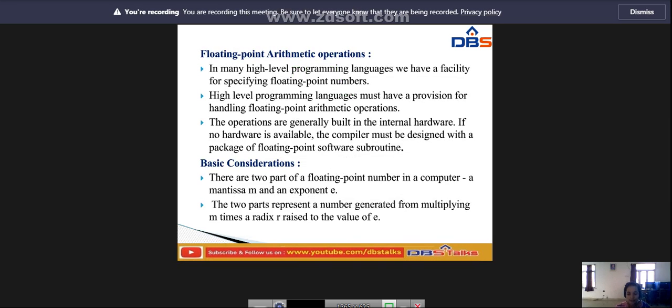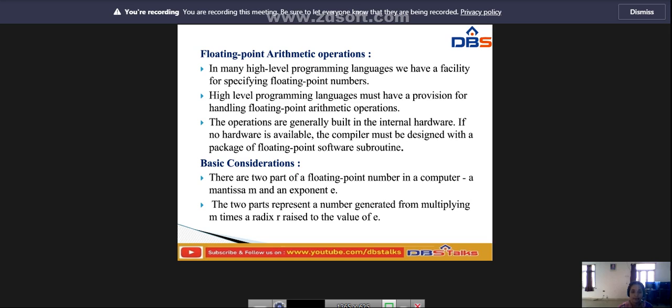Okay, so next coming to floating point arithmetic operations. What is meant by floating point arithmetic operations? In many high level programming languages, like Java and C++, we have the facility for specifying floating point numbers.